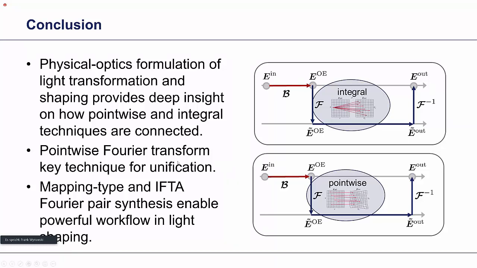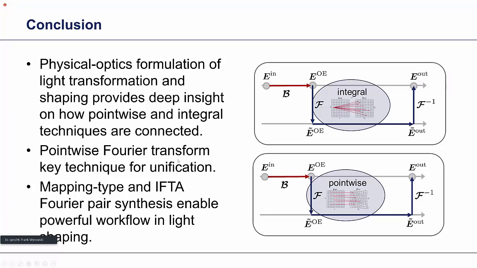And you also saw that the mapping type approach and the IFTA Fourier pair synthesis both do Fourier pair synthesis in our approach here, and they are working together. The IFTA stagnates where the mapping type approach works well, and the IFTA can take over when the mapping type approach is not accurate enough because diffraction matters.